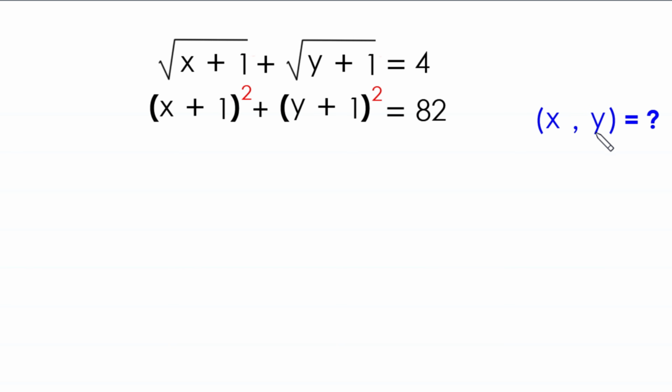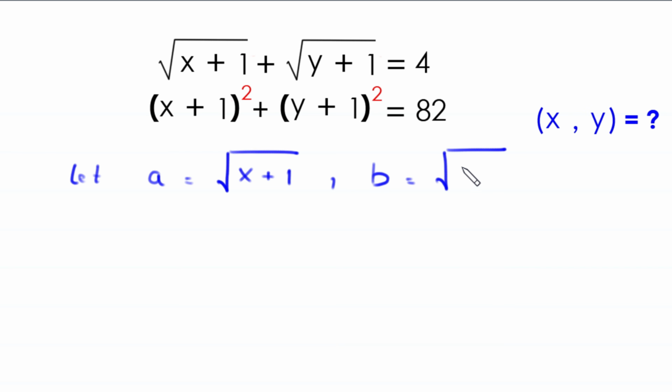So let's start. To simplify the solution, we suppose that a is equal to the square root of x plus 1, and we suppose that b is equal to the square root of y plus 1.